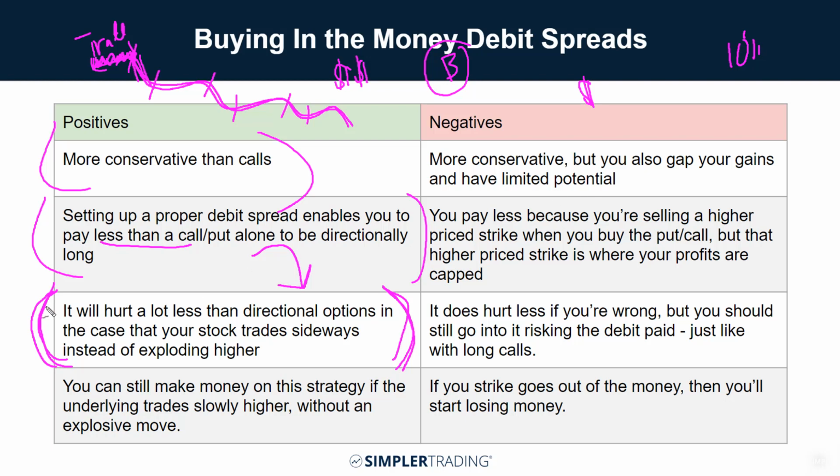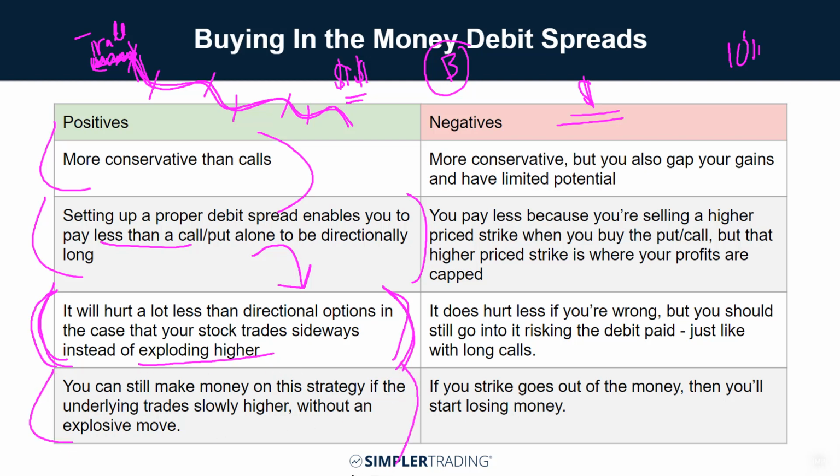Well, if you have the debit spread, person B, number one, they already spent less money to begin with, so they had less risk on. But also because of the spread, it is not going to move as much or get hurt as much as the long put was. So when you're wrong, it's more beneficial for you.